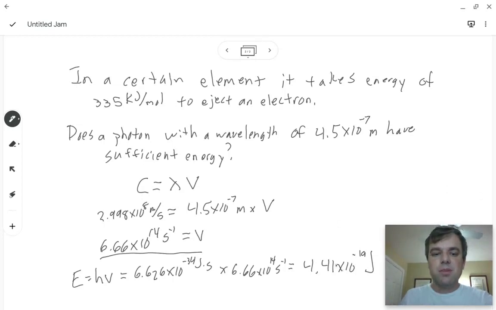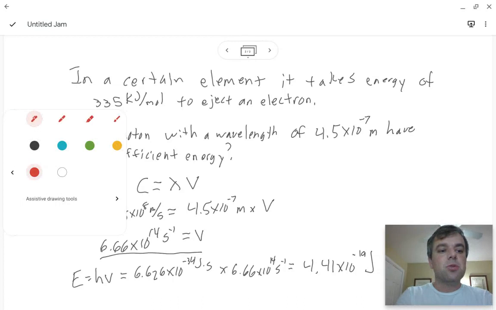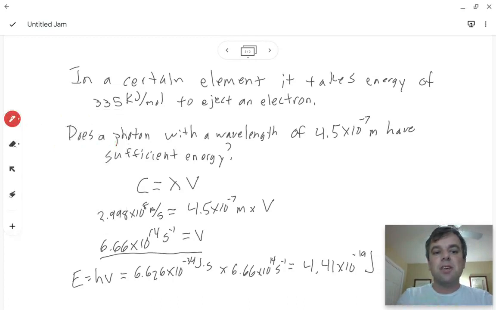Now you might say, well, that's way smaller than 335 kilojoules per mole. But we need to find not how many kilojoules per mole of electrons, but how many joules per electron. So first of all, 335 kilojoules per mole is the same as 335,000 joules per mole.